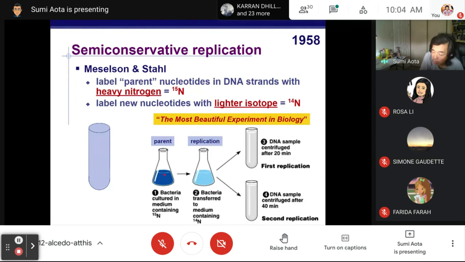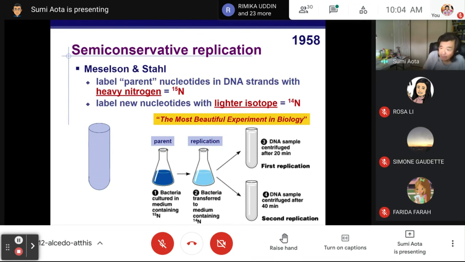There is no other nitrogen available to them, so all the regular DNA is now gone. It's only heavy nitrogen. What you then do is transfer the bacteria into a new solution containing light nitrogen, nitrogen 14, for 20 minutes.